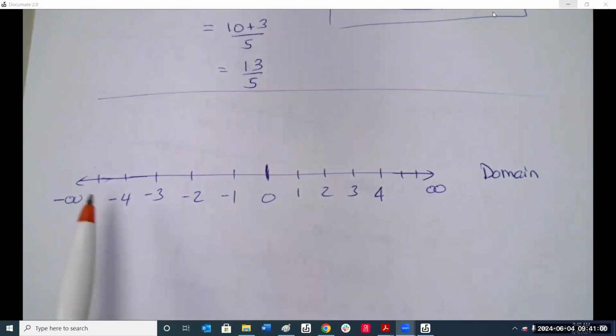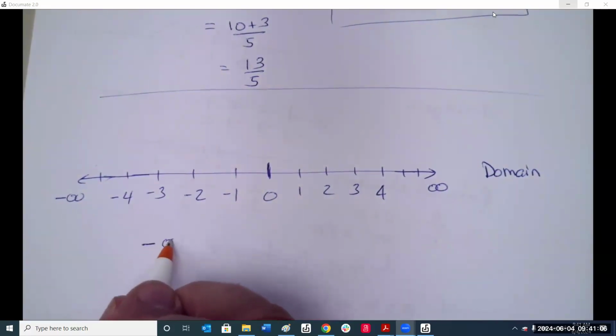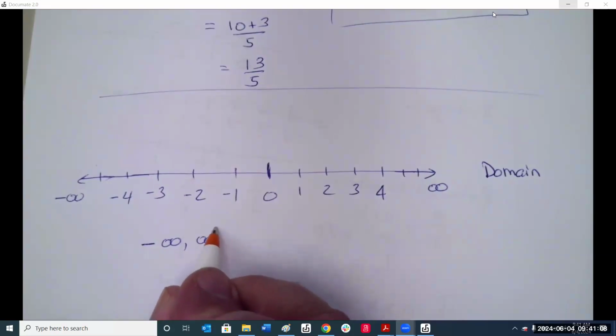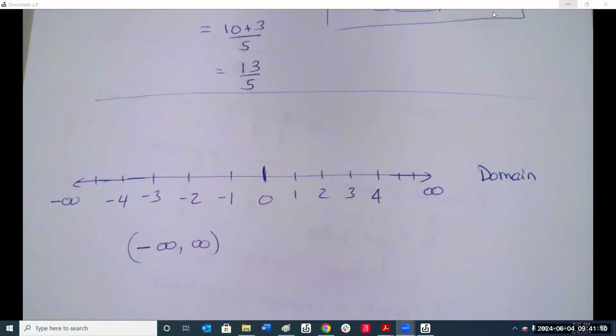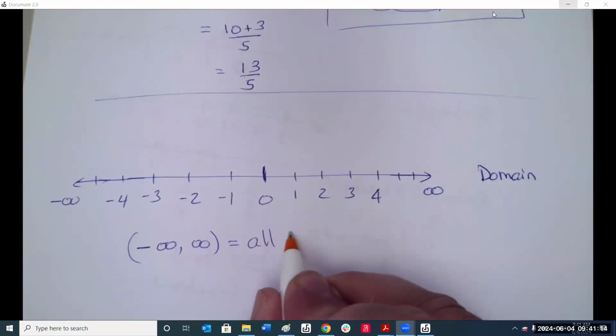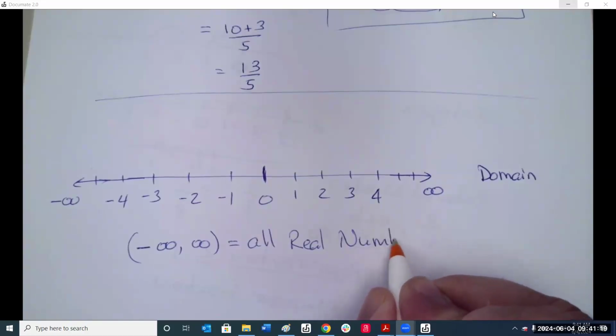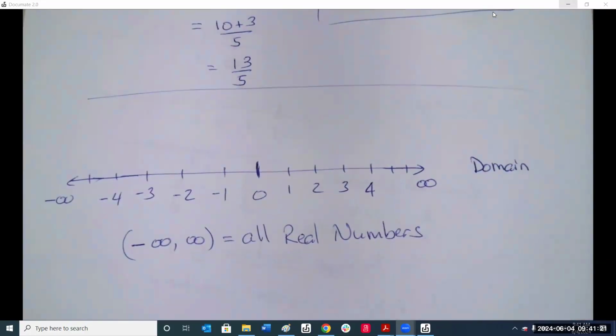The domain are all of the numbers we can use horizontally. We're going from negative infinity to positive infinity. We call those all real numbers.